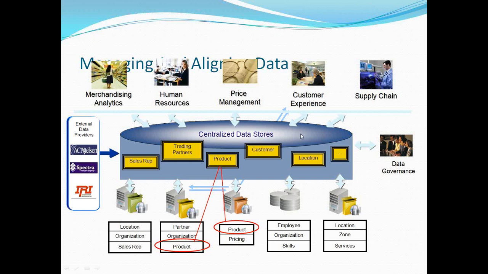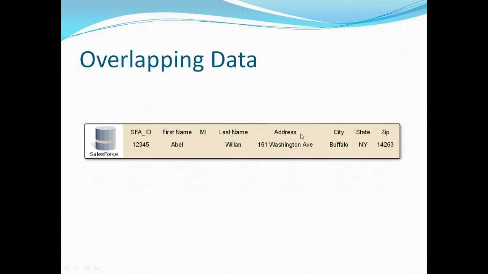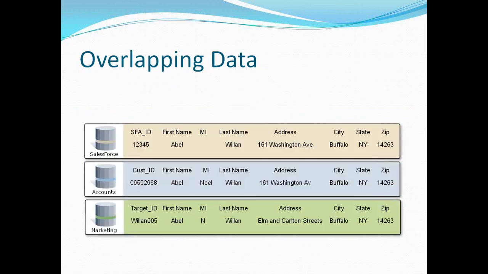We'll see one scenario of such data. It is still not really bad data, but there are some differences in it. For example, here we have taken 3 systems: Salesforce system, accounts system, and marketing system. In these systems, they all have their primary keys.